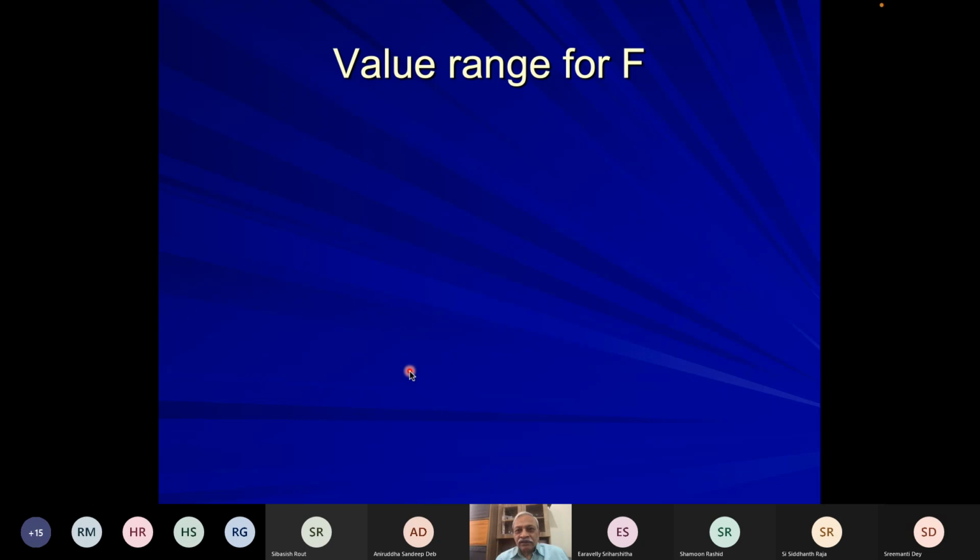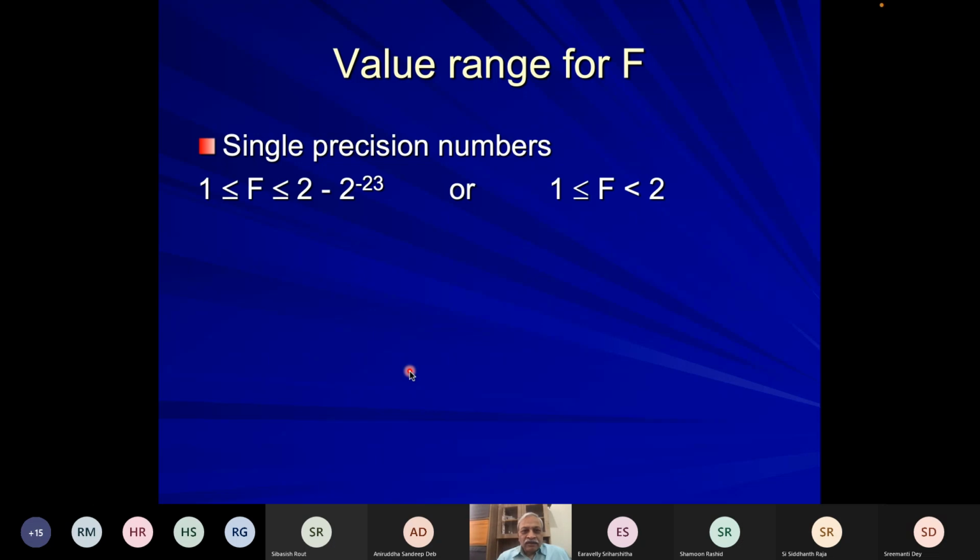So what is the range of values for f with these many bits? In single precision, the smallest fraction value is 1 or 1 point all zeros, and the largest is 1 point all 1s, which actually amounts to 2 minus 2 raised to the power minus 23. In a more rough sense, you could say f lies between 1 and 2.